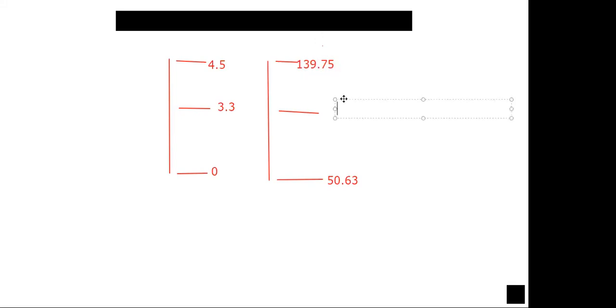You can call it S for now. From your normal interpolation, you have S minus 50.63 all over 139.75 minus 50.63 equal to 3.3 minus 0 all over 4.5 minus 0.